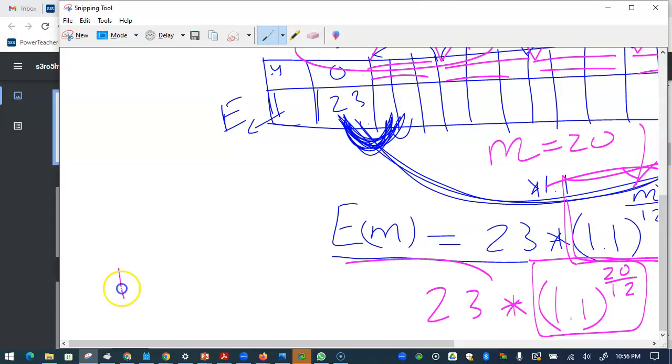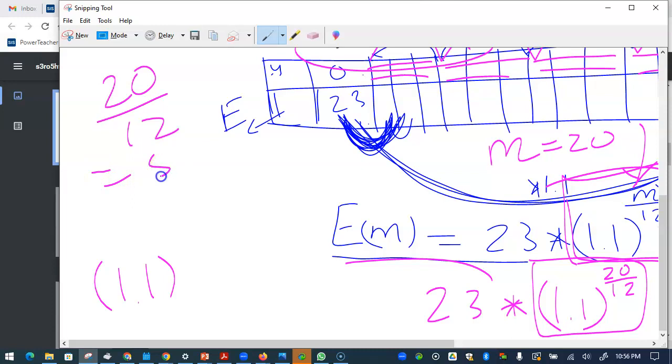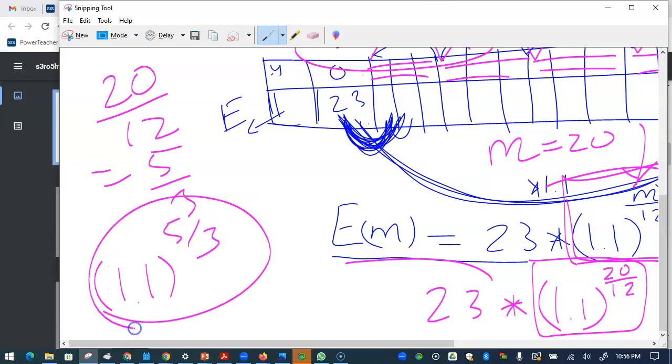We can also write 20 over 12: 4 goes 5 times, and 4 goes 3 times. So it is 5 over 3. And you're done. So this is how you have to do it, depending on the situation. So let's go to the next one.